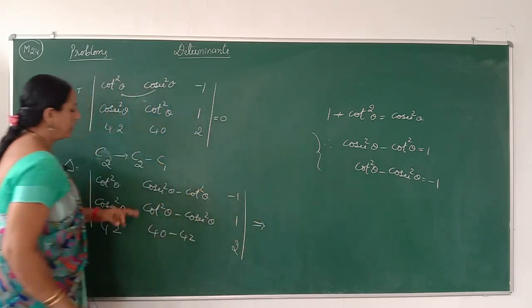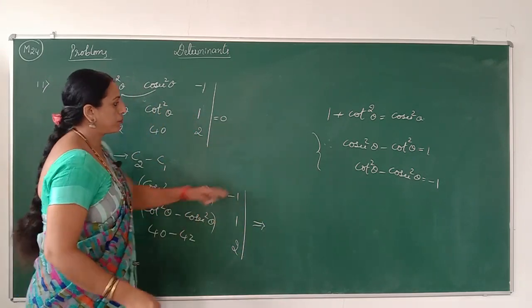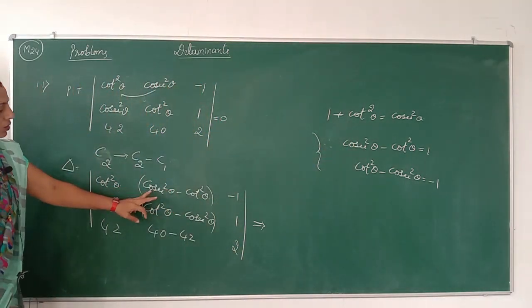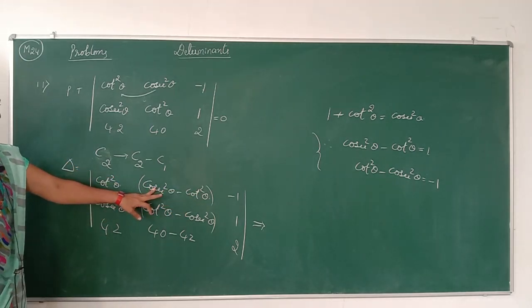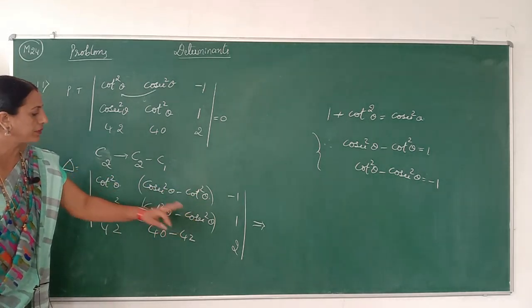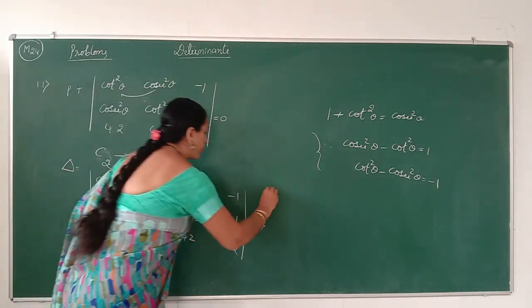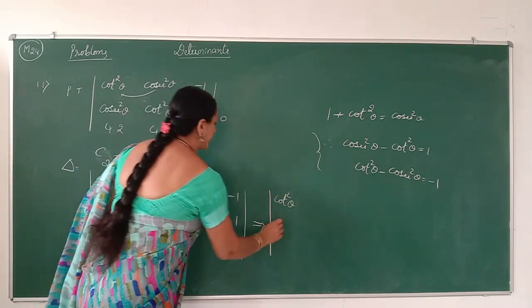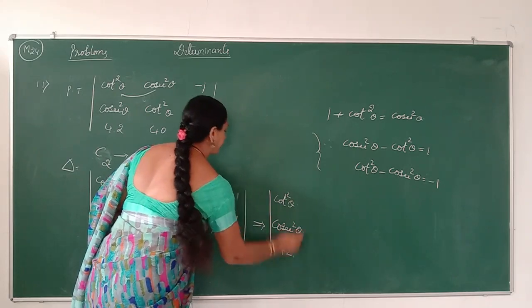This implies these two relations by using the identities of the trigonometric functions. Cosecant square theta minus cot square theta is nothing but 1, and cot square theta minus cosecant square theta is nothing but minus 1. So the first column elements are cot square theta, cosecant square theta, 42.